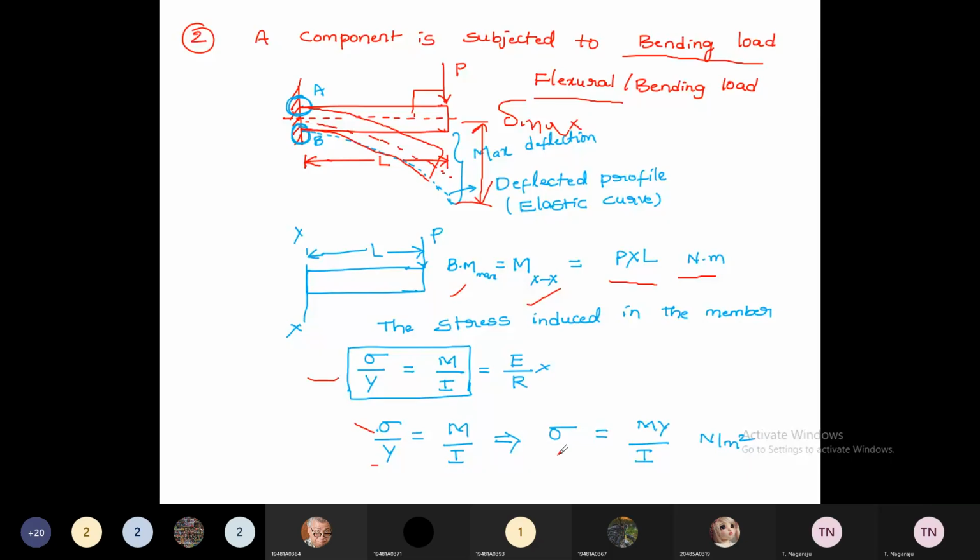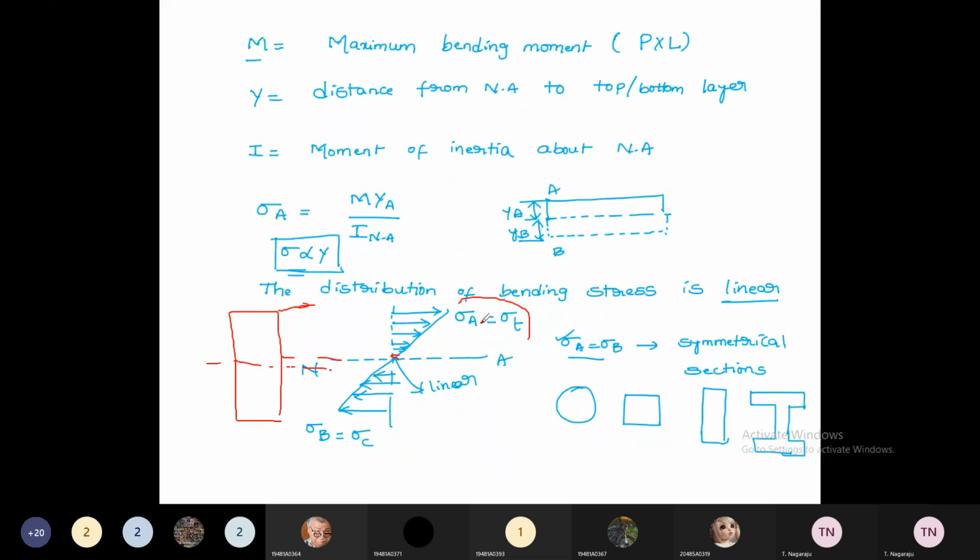So that is equal to so many Newton per meter square. Like this, we can find out the bending stresses.